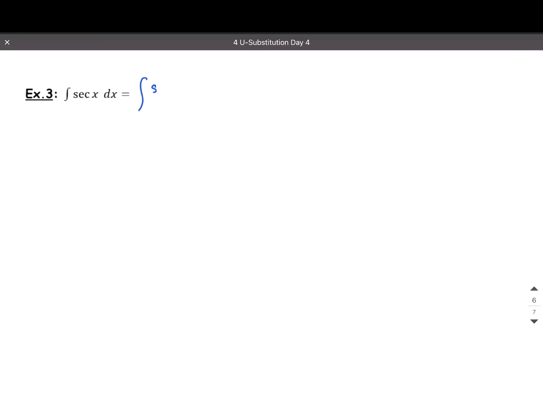So I'm going to try a whole different technique. I'm going to integrate secant x, and I'm going to multiply by 1. But my 1 is going to look like secant x plus tan x over secant x plus tan x, right? That's 1. I do not expect you at this point to have thought of that on your own, so please don't panic.